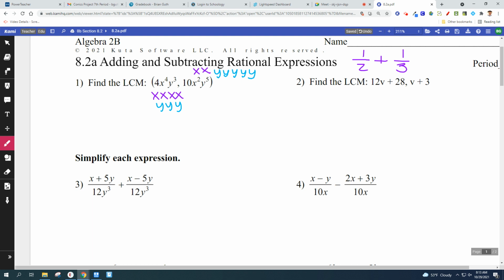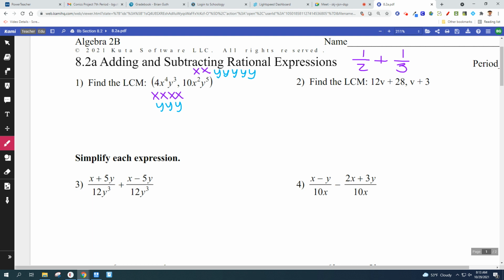So what do both of them have? Well, you could say both of them have x squared. That's true, but that's not exactly what we need. We need to make them both happy.